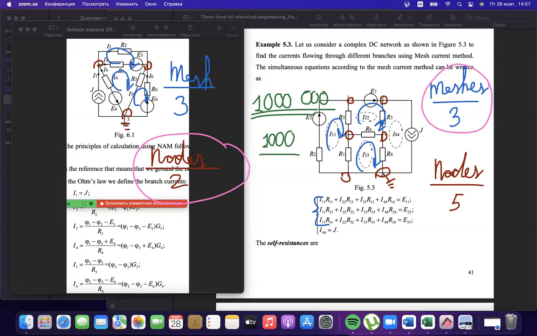Or you could see lots of serially connected elements with current sources. For this situation, you could have, for example, 1 million nodes, but not so many meshes. And if we are speaking about large systems, the difference between these two methods could be quite obvious.